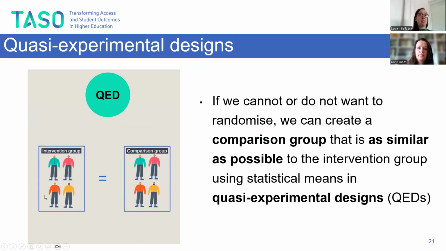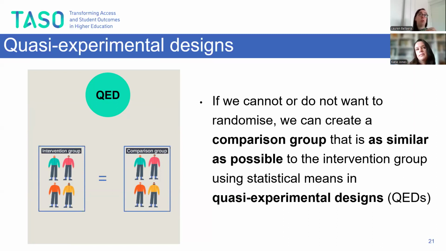So thinking about your QED, what you're trying to do here is create a comparison group that is as similar as possible to the intervention group, and you do this based on the data you have. To give a very concrete example, if you're interested in the effect of bursaries on student outcomes, you might have a threshold where you're cutting off students. If they're above a certain threshold, they will receive a bursary, and if they're below, they will not receive a bursary.